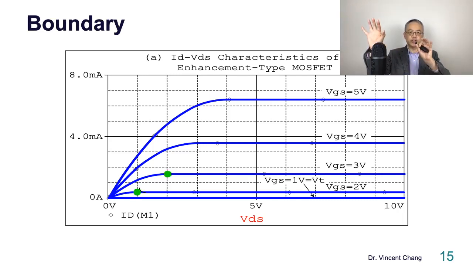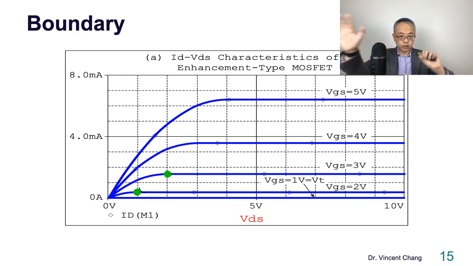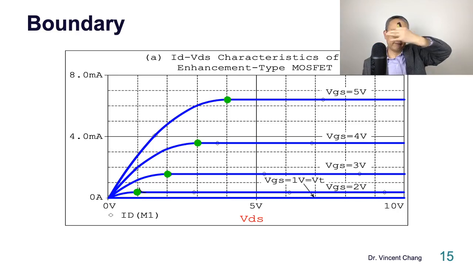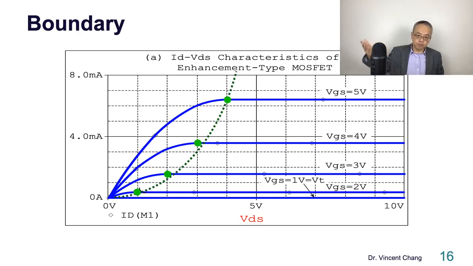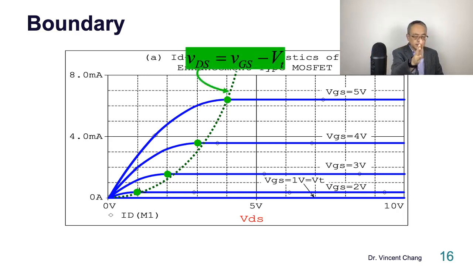Between the triode region and the saturation region. So this is the boundary, a parabola. Remember the equation of the parabola: VDS equals the overdrive, VGS minus VT.